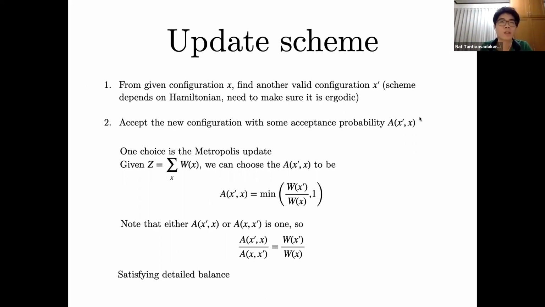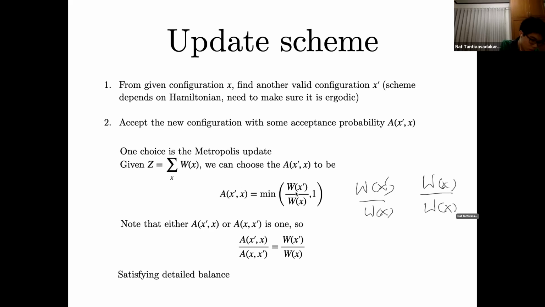One popular one is the Metropolis update. I just want to review that quickly. Given Z is a sum of weights, you can choose the update probability as the ratio of the two weights and then take the minimum. When I take Wx prime over Wx and compare it to Wx over Wx prime, one of them will always be greater than 1.